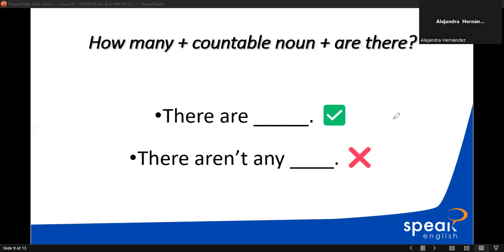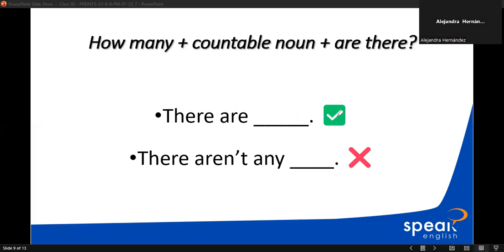There aren't any carrots in the kitchen.